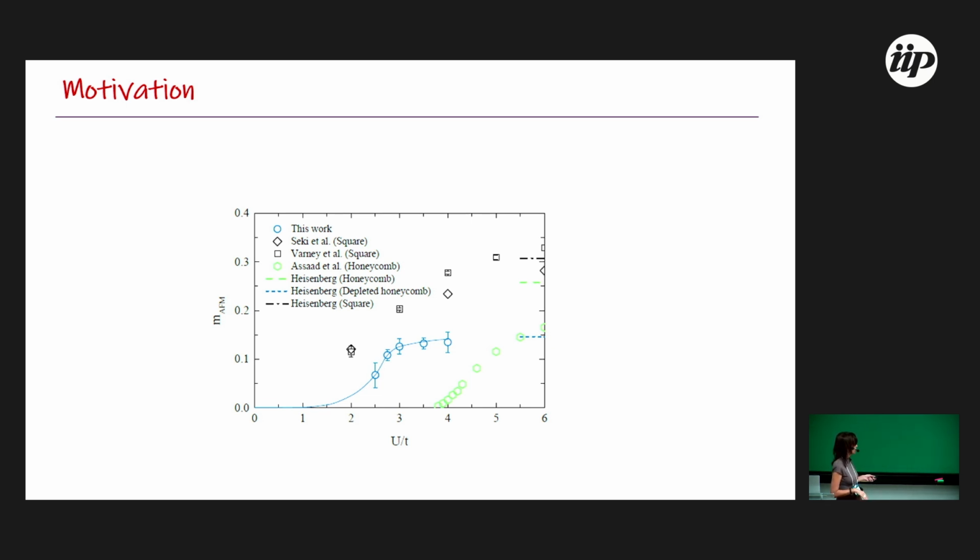This result is known: at about 3.8, U in units of t, the hopping amplitude in your pristine graphene, you get a phase transition from a non-magnetic system to a magnetic system with a finite magnetization, but it takes a rather strong electron-electron interaction for this to occur in pristine graphene. And I want to understand what happens if I take out some of these carbon atoms in a certain way, and what happens with this phase transition. Where does this point go, and will there be a phase transition at all?